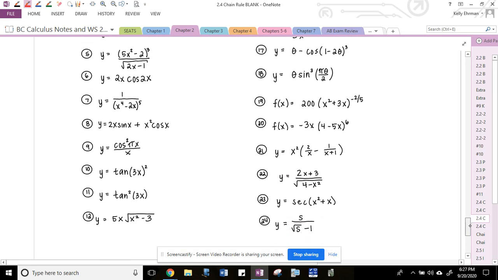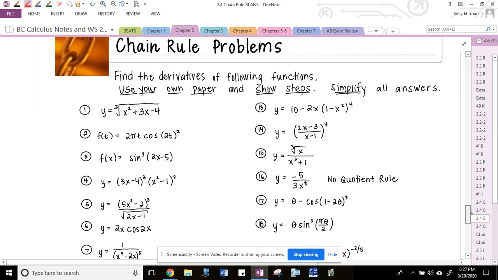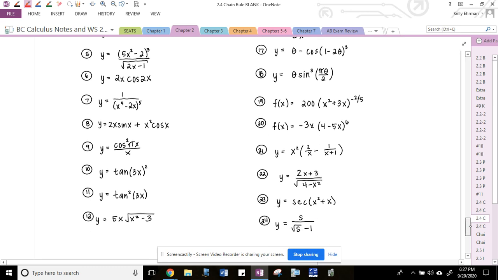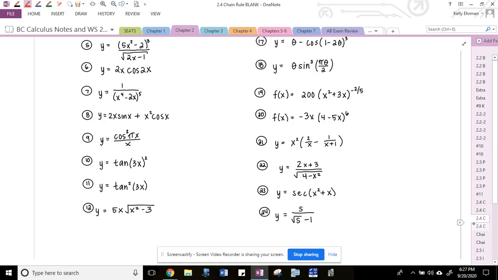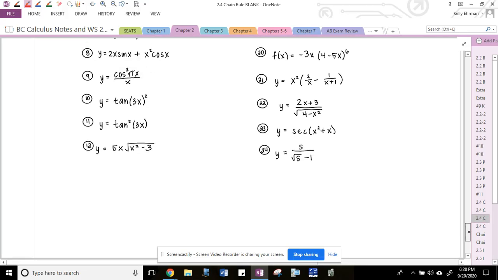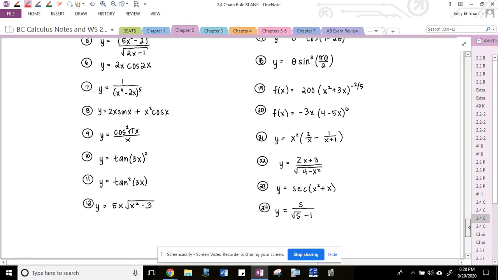So doing all of these problems on your own, checking with somebody and really working through and understanding the ones that don't match up, that's going to be the best way to get out of this assignment what you need. I mean, sure, it's a quiz grade. I expect them all to be high grades since I'm allowing you to work together. But what I really want you to do is make sure that you fully understand what this chain rule is supposed to be. All right, stop into office hours if you need help.